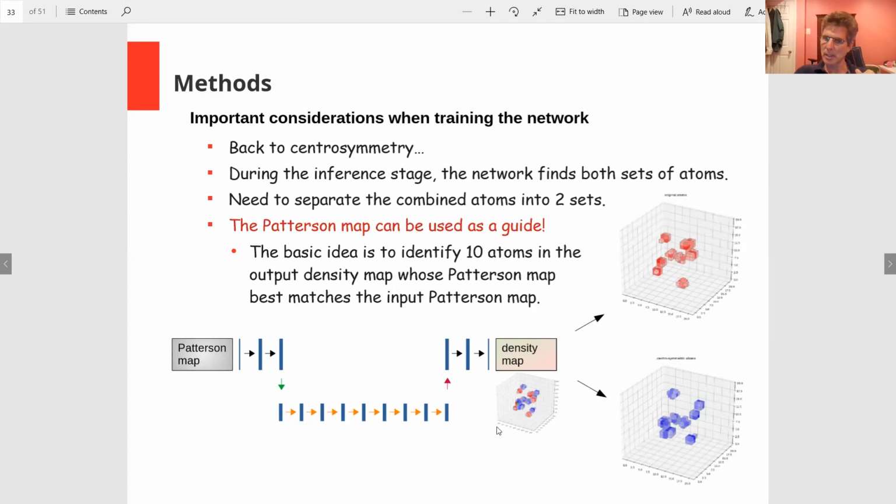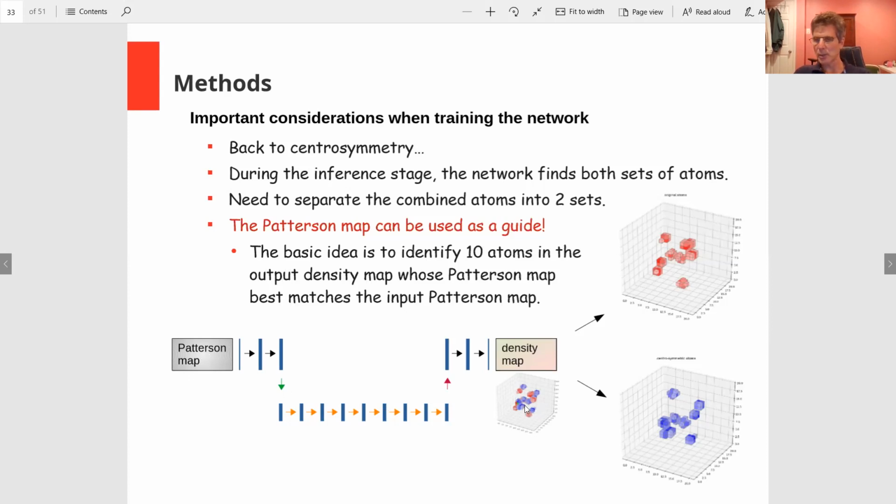So you can calculate a Patterson map for any group of 10 atoms in here, and then compare it to the true Patterson map and select the one that's the closest. Now, for just 10 atoms, you could just enumerate all the possibilities. Well, I guess that would be a large number, and then just take the one that's the closest.